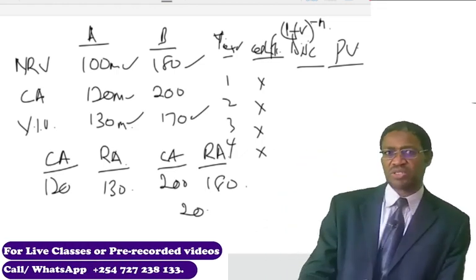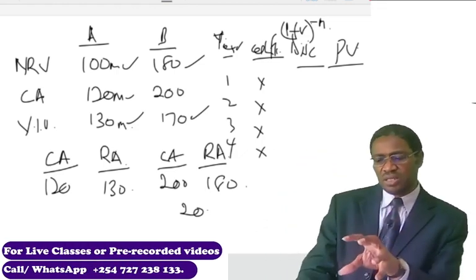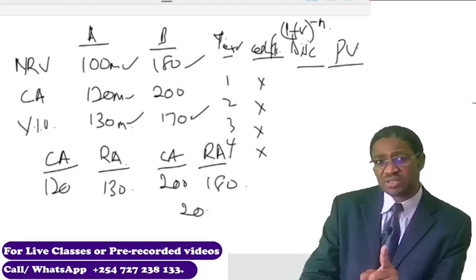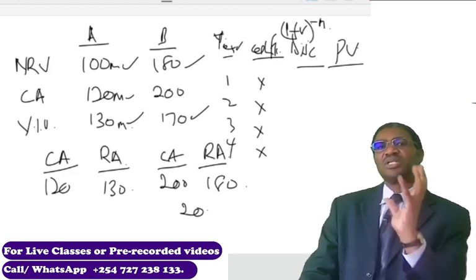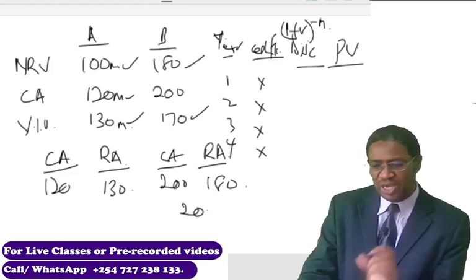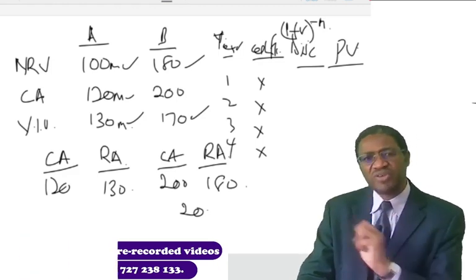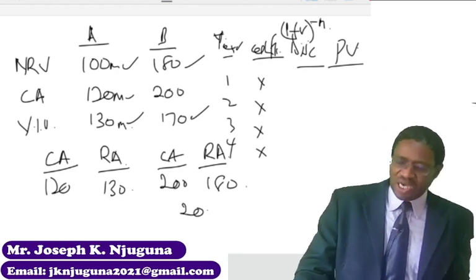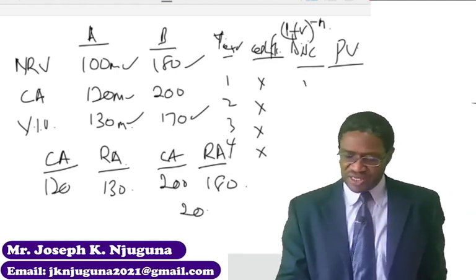That is important, that you will be taking 1 plus r, r being the discount rate, you will be told. Then you take 1 plus r, everything to the power of negative n. So that's how you will be getting it.